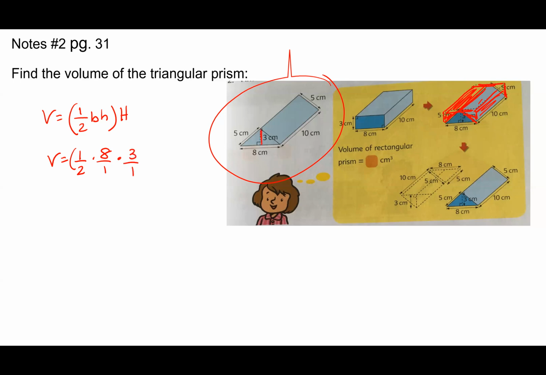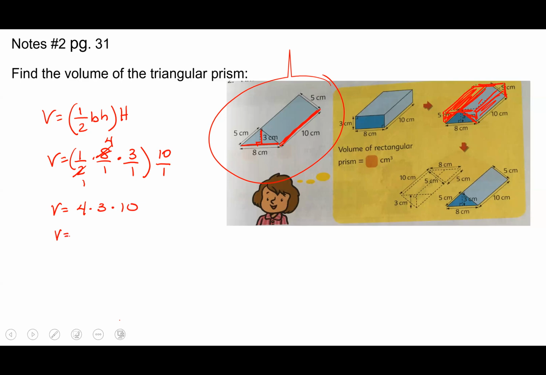Remember, we want the height of the triangle to be at right angles to the base. What's my height of the figure? That's the length that joins the two congruent bases. Anthony? Times 10, good. Okay, let's cross cancel that 2 with the 8. And now we've got volume equals 4 times 3 times 10.